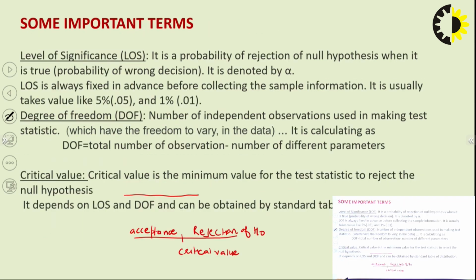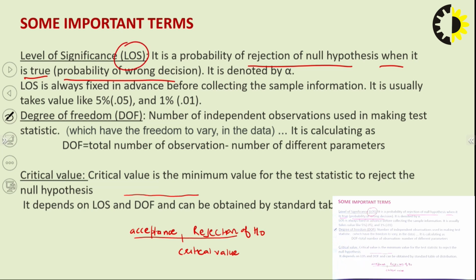Okay, but sometime it may happen that we reject the null hypothesis when it is true. We can commit this type of error by applying the test of significance. So this chance of rejecting a null hypothesis when it is true is known as probability of taking wrong decision, which is known as level of significance.